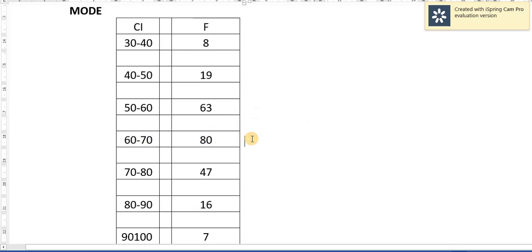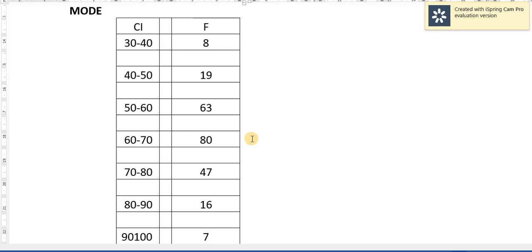Let us look at the formula of the mode. Mode is denoted by Z. Z is equal to L plus (F1 minus F0) divided by (2 F1 minus F0 minus F2), into I. F1 is the frequency of the modal class.